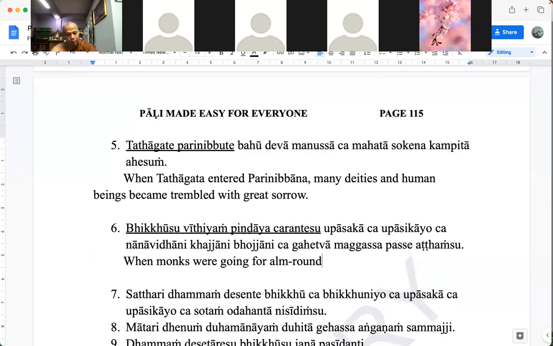So Vitiyan, on the road. On the road. So that is one phrase.